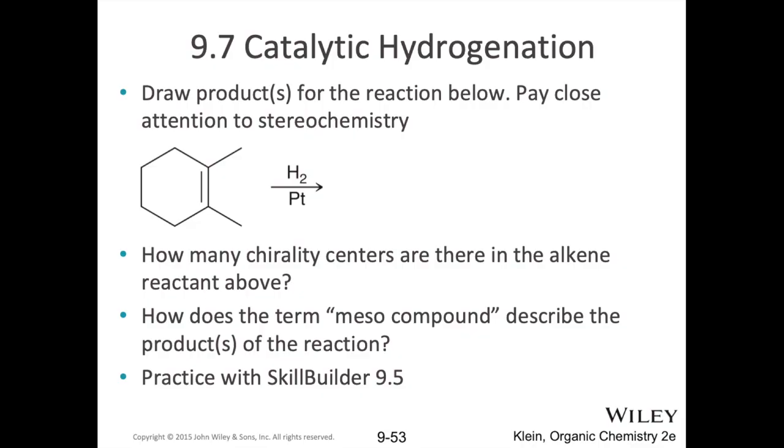Now, the quick thing you realize then is that these are the same molecule. This is a meso compound. There's a mirror plane going through the middle here. So in your product, there's also still that same mirror plane. So even though these are both chiral centers, they wind up kind of canceling each other out.